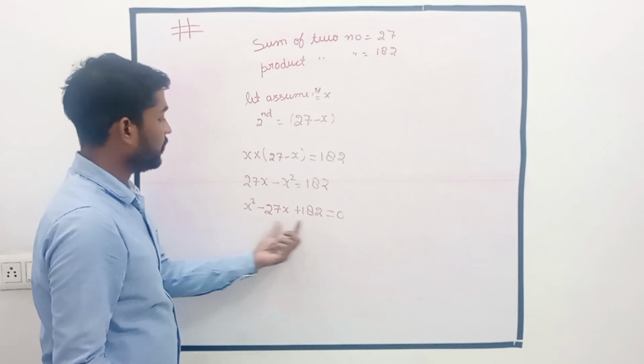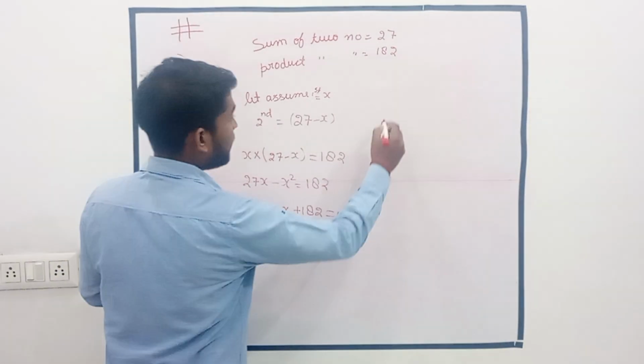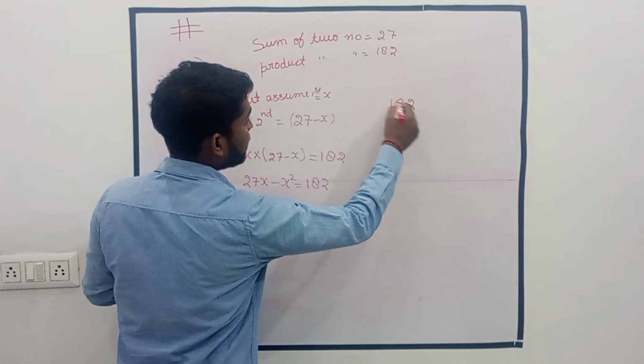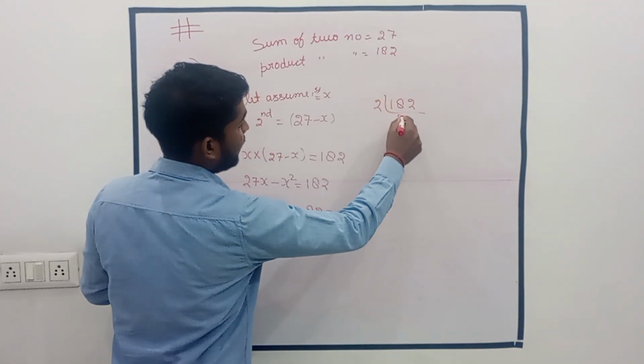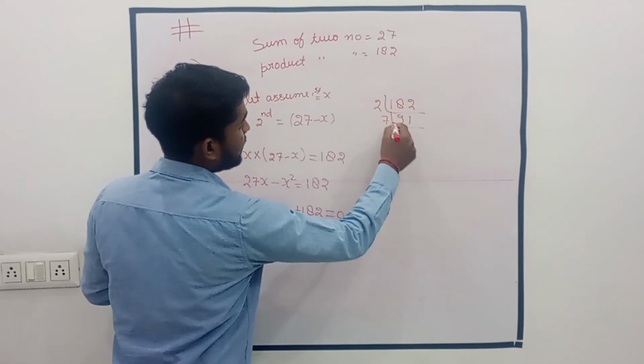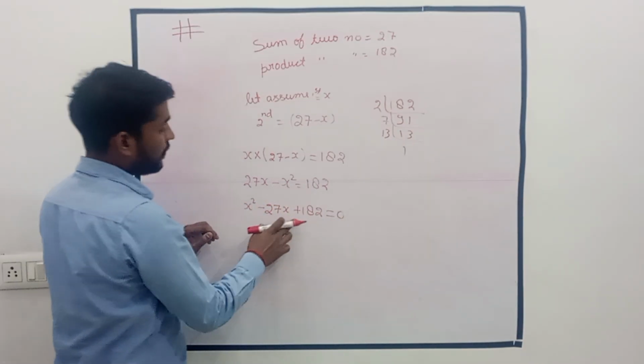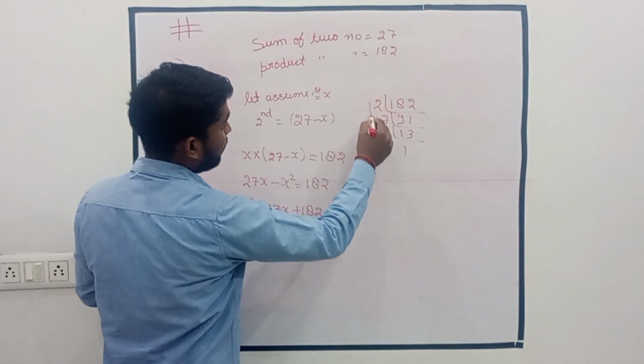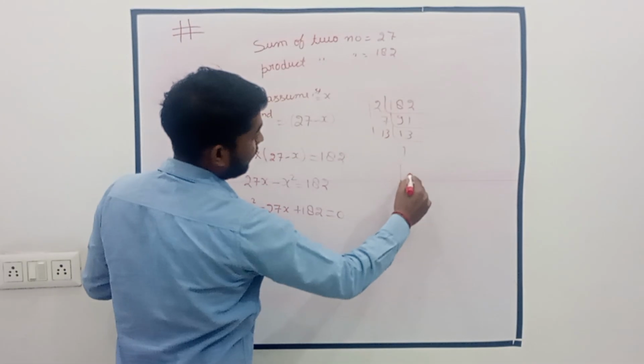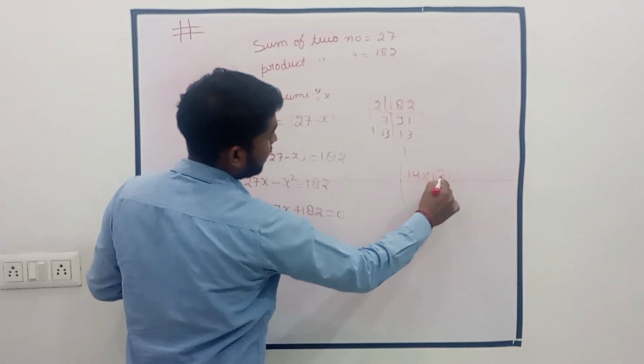Here we find the factors of 182. The solution is this: we do the factorization, and 91 and 7, and the sum of these should be 27, so 14 plus 13, and we can take 14 into 13.